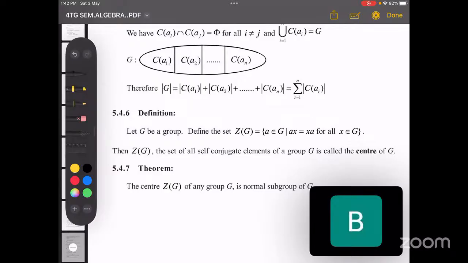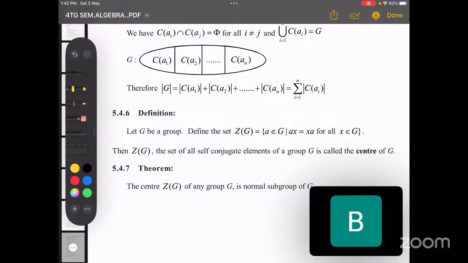Then Z(G), the set of all self-conjugate elements of a group G, is called the center of G.